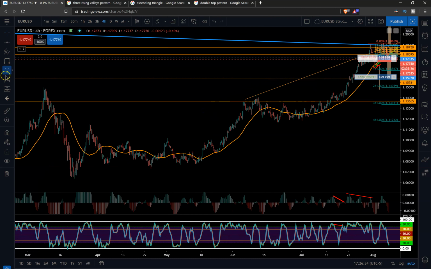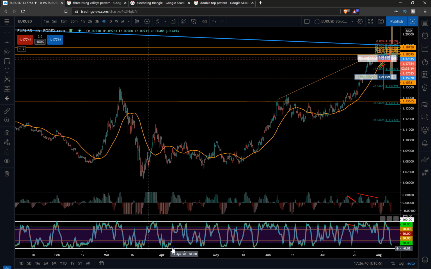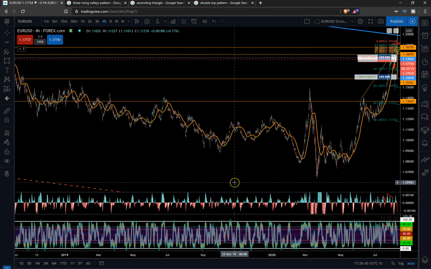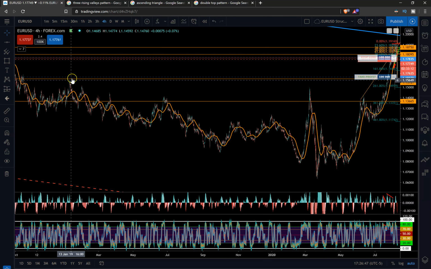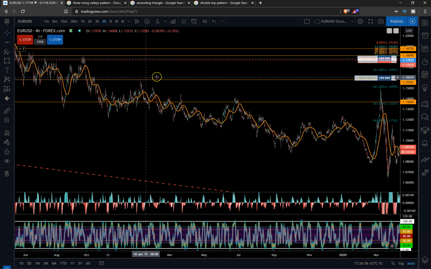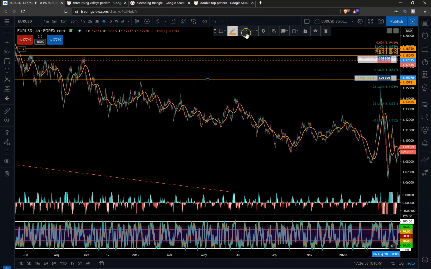Me personally, I think it may hit right here. I want to go back a little further, see where we're at. Okay, so that measured move will hit about right here. We also have some resistance further back, but it may hit around right here. Let's see if that is exactly our measured move. I'm going to paint that a different color.